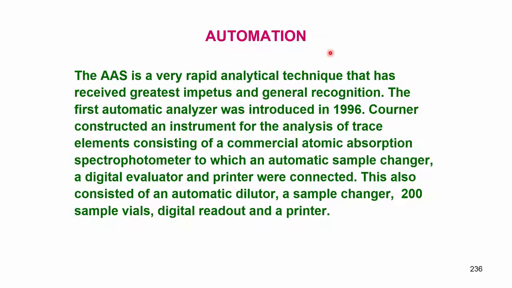Nowadays, all these things have become standard features of atomic absorption spectrometers. So, the coroner's AAS consists of an automatic diluter also, a sample changer, sample vials, digital readout and a printer. Fantastic improvement in the automation.